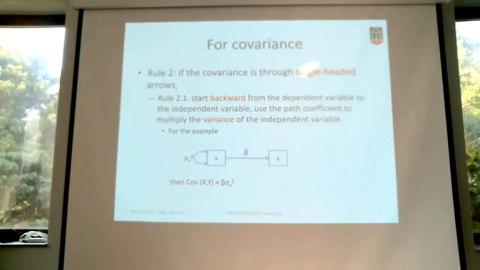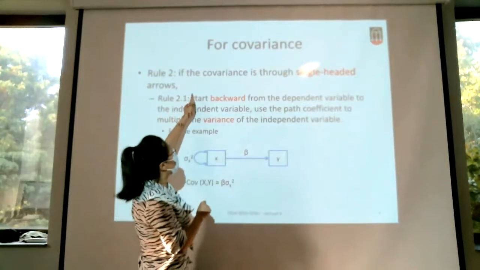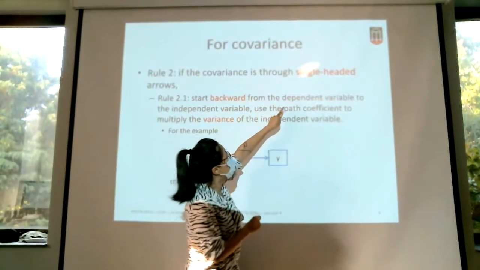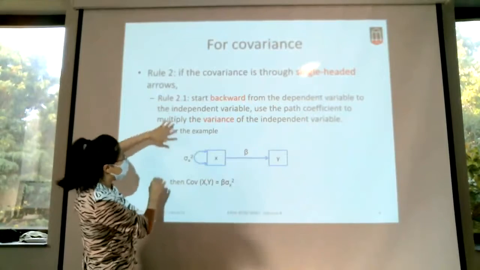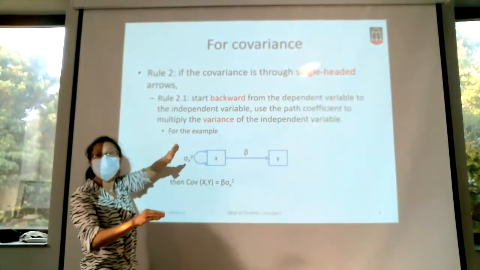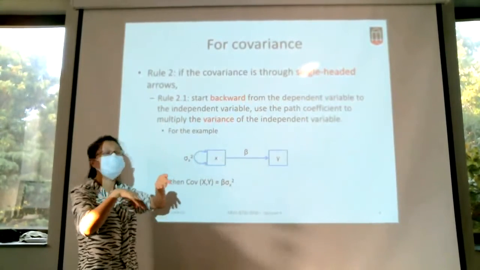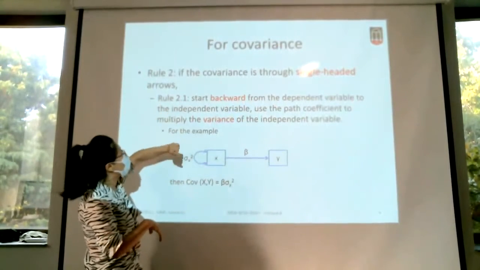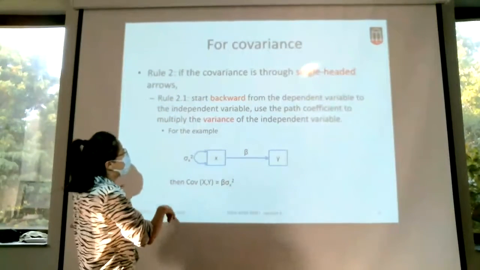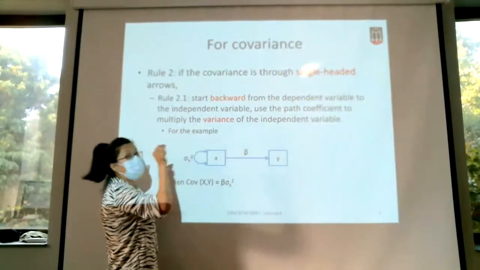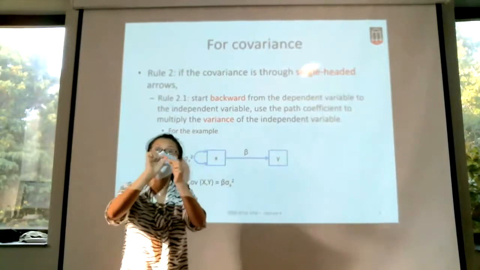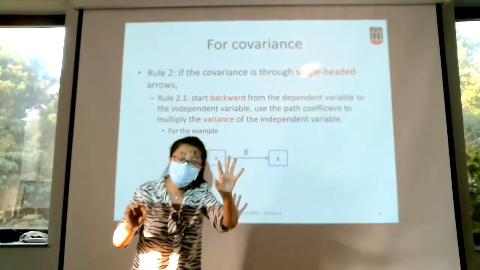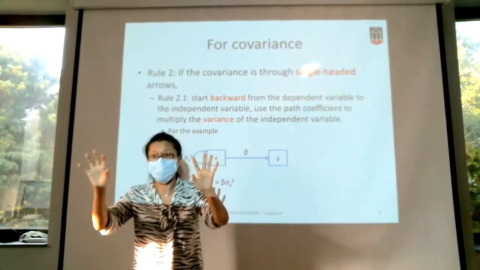And rule 2. Now let's look at the single-headed arrows. If the covariance is through single-headed arrows, then you have a lot of sub-rules, different cases. For example, in rule 2.1, you start backward from the dependent variable. With a single-headed arrow, you have an independent variable and a dependent variable.